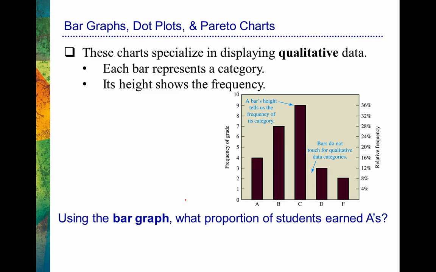Using the bar graph alone, you see I got rid of the table in here. We should be able to understand the data just looking at the bar graph. What proportion of students earned A's? Now we can see over here that 16% are listed as the proportion who earned A's. Recall that relative frequencies are just proportions, because we're talking about how many people earned an A relative to everybody.